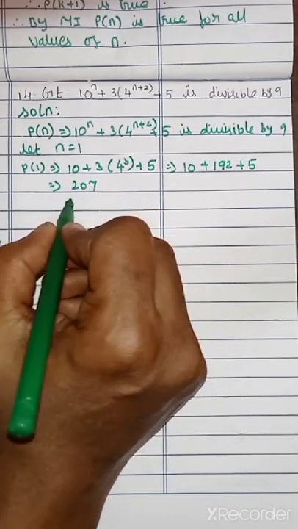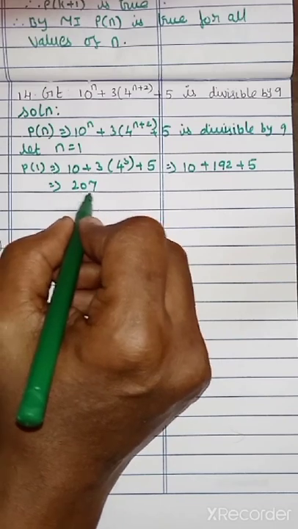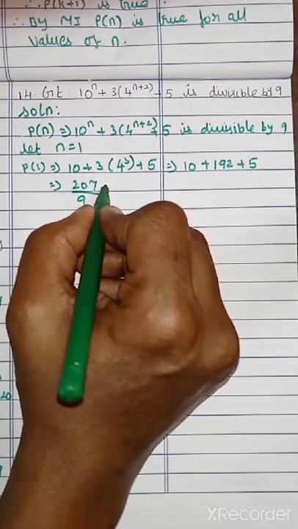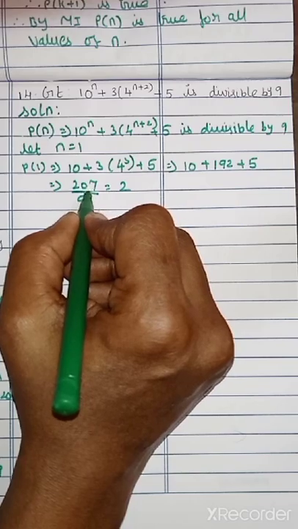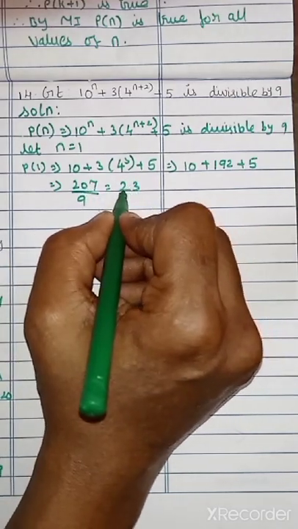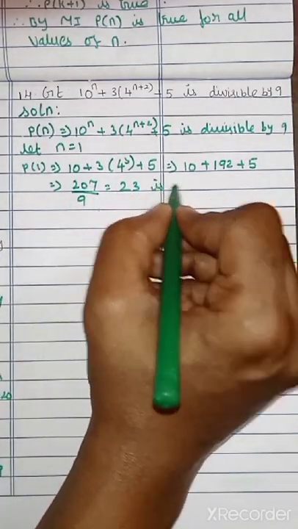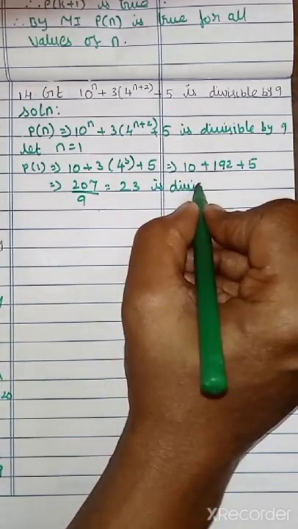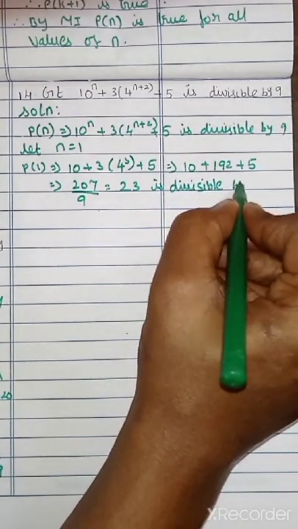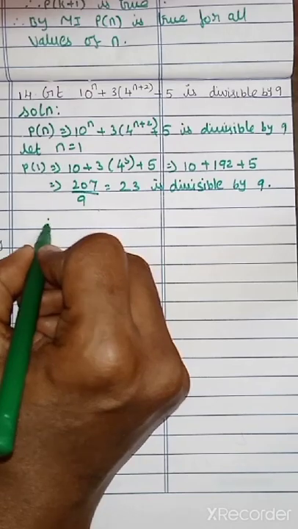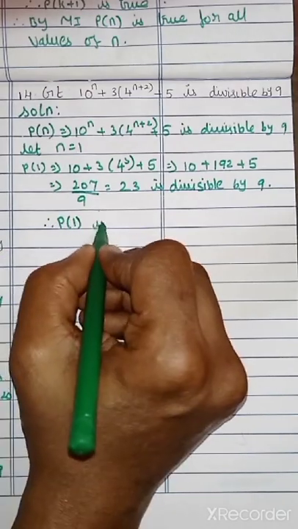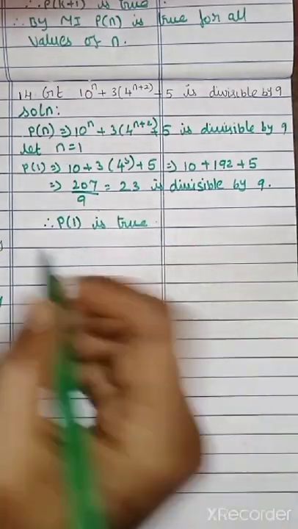Is 207 divisible by 9? If I divide and see, we will get 2 and 3 nines are 27. Correct? So it's divisible by 9. Therefore, P of 1 is true.